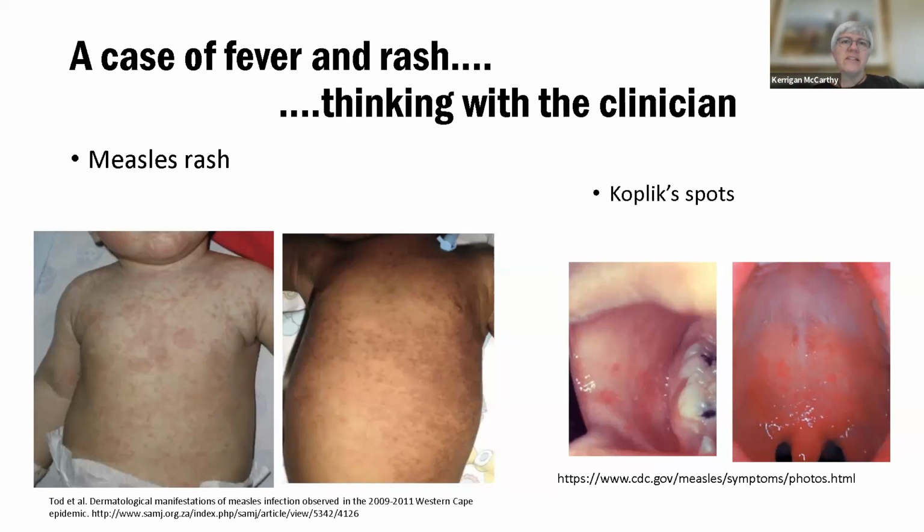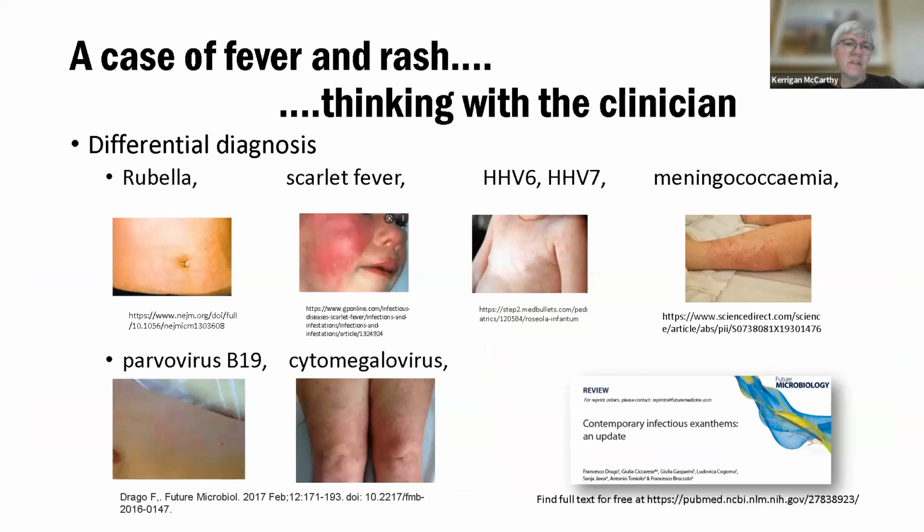However, if one sees something like Koplik spots, it is helpful to do measles diagnostic tests in the presence of someone meeting the case definition, and that is fever plus rash plus one of the three. The problem with measles clinical management is that the differential diagnosis is very broad. And so one cannot make a diagnosis of measles clinically, except under certain circumstances.